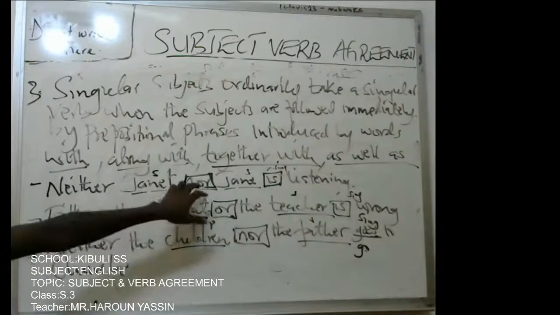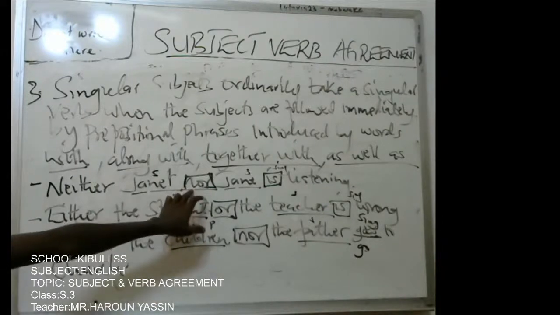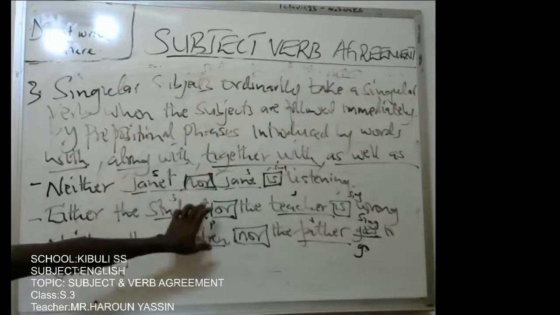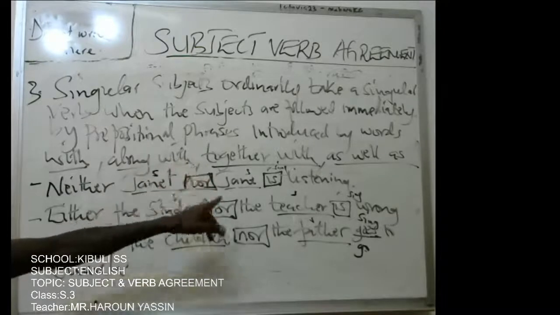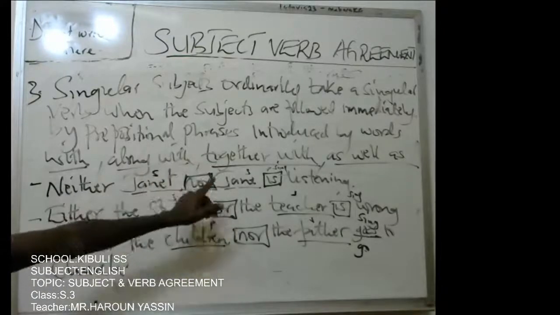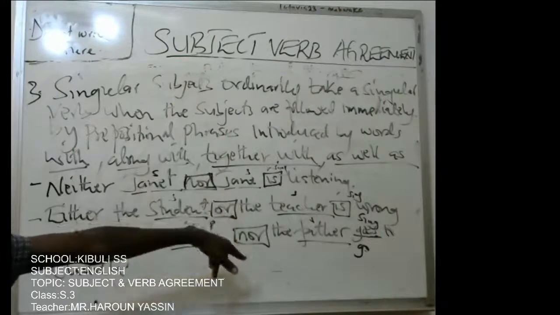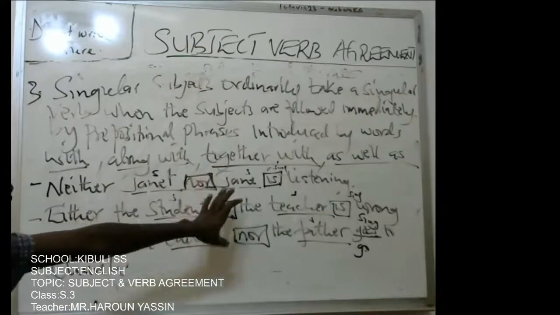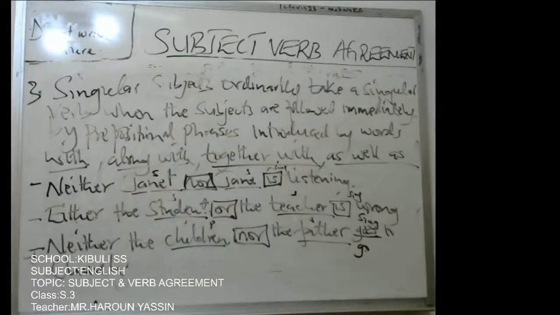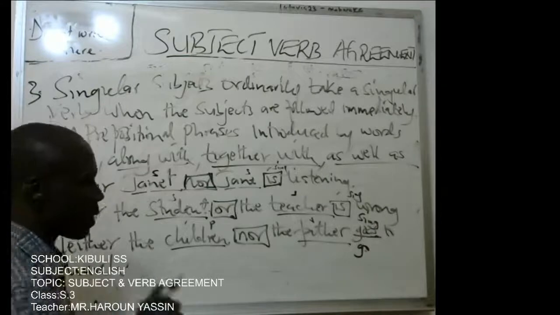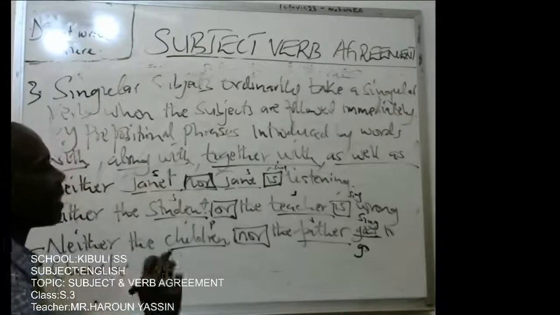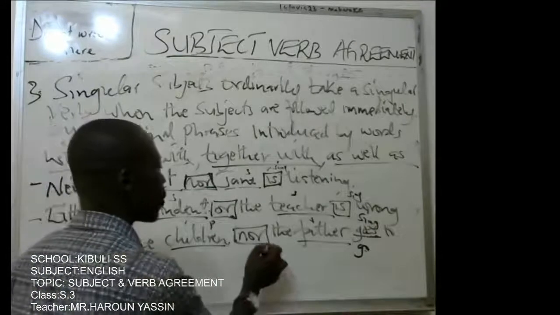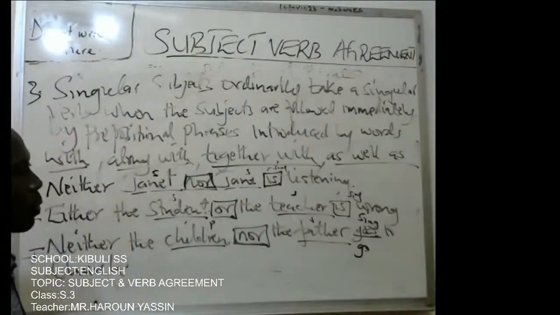When we use these conjunctions to join the sentences, nor, or, either-or, neither-nor, we don't form a plural, but the verb has to agree in number with the subject that is immediate to that conjunction.